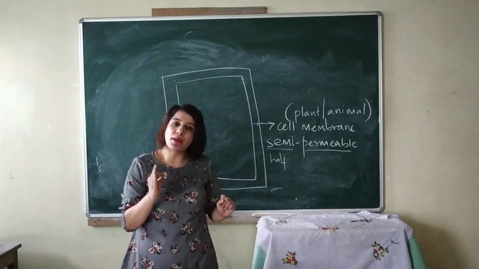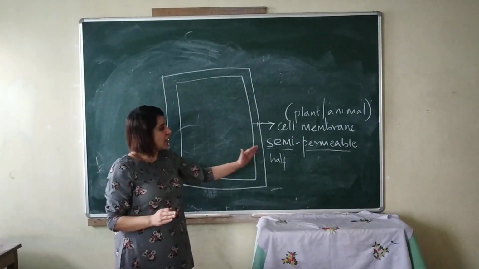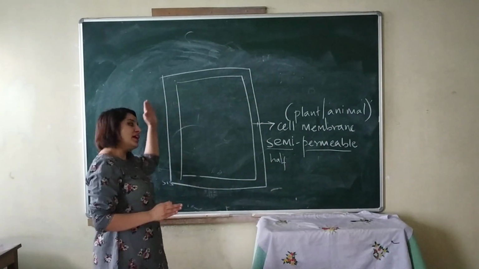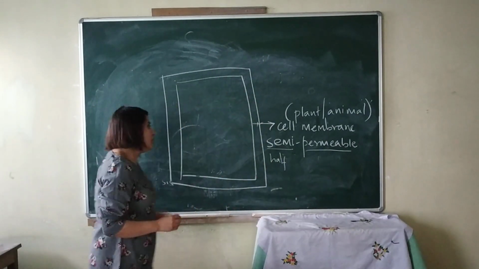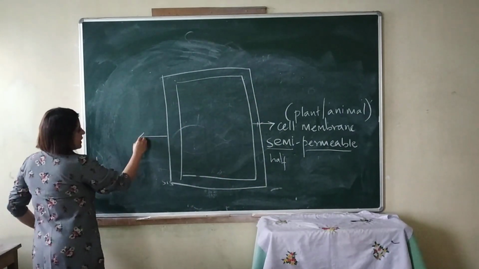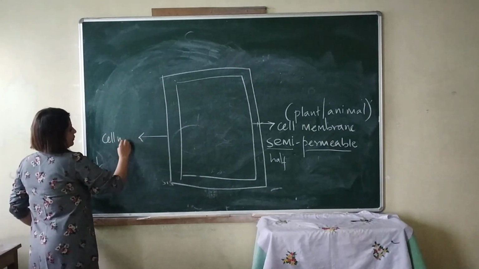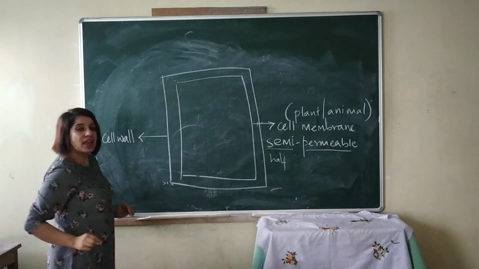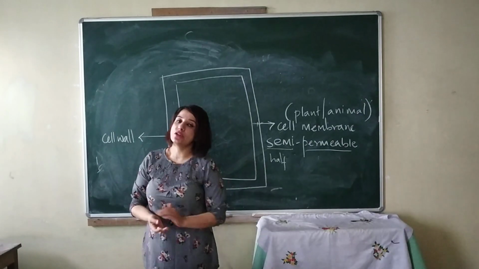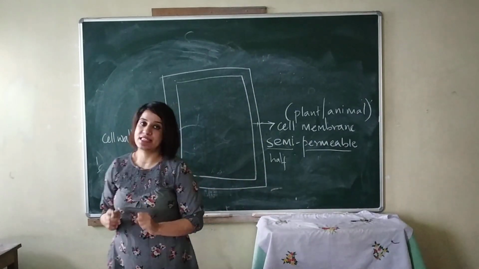So only in a plant cell, outside the cell membrane, you will find another membrane which is called the cell wall. Like the cell membrane, it also protects the cell.